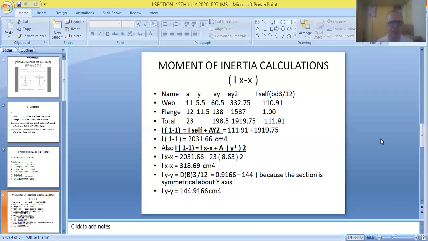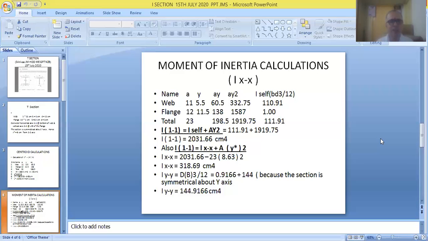Measurement of X bar, measurement of Y bar, measurement of IXX, measurement of IYY, using these tables and all that. So happily you will be in a position to measure all the values.